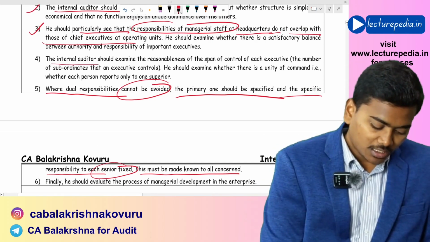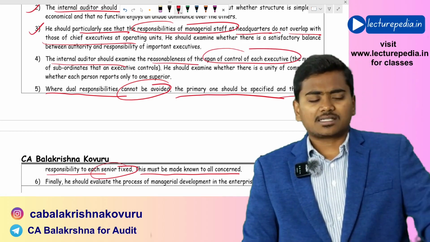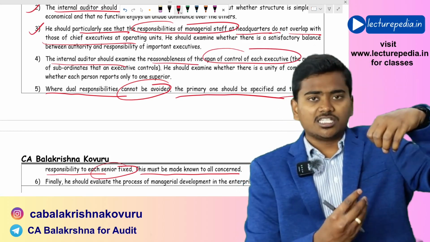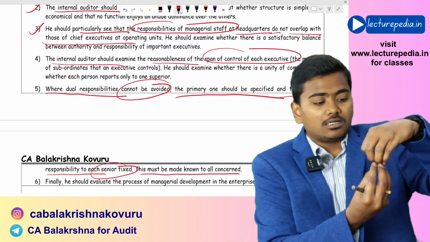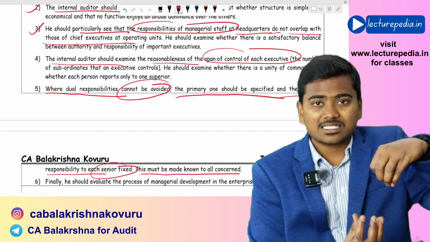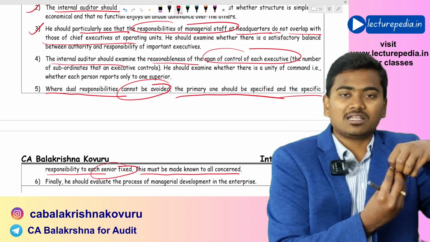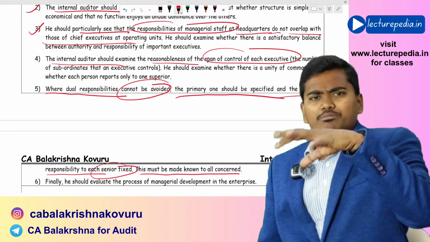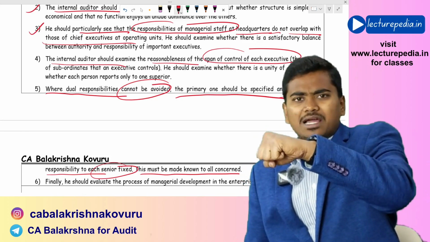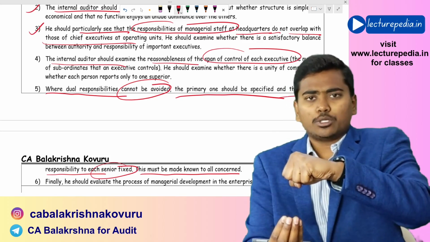And the internal auditor should examine the reasonableness of the span of control of each executive. Basically, under each executive there will be certain subordinate staff who will be reportable to that particular executive. One executive or manager can control around 10 to 15 subordinate staff.